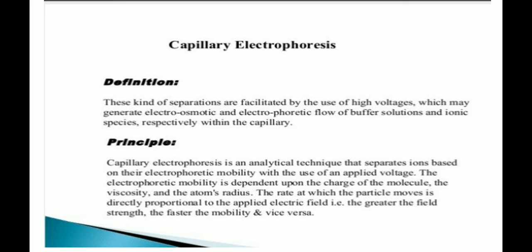Capillary electrophoresis is an analytical technique which separates ions based on their electrophoretic mobility with the use of an applied voltage. So in this process we are using a voltage, and on the basis of that you can separate the molecules, based on electrophoretic mobility, meaning how they migrate. This electrophoretic mobility depends upon the charge of the molecule.